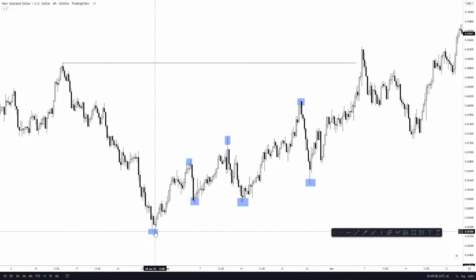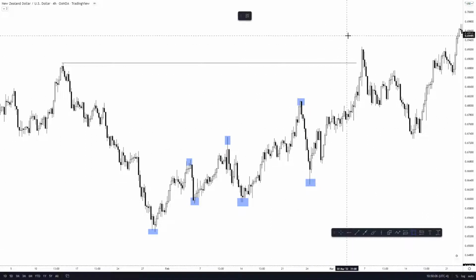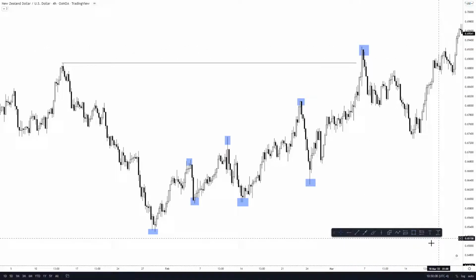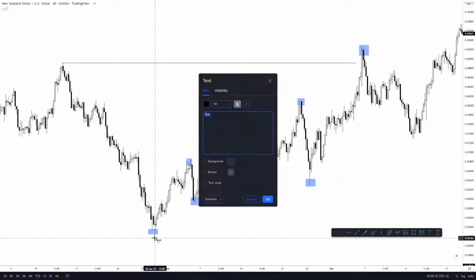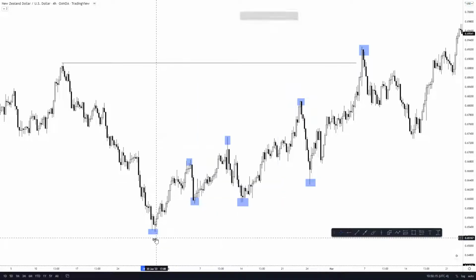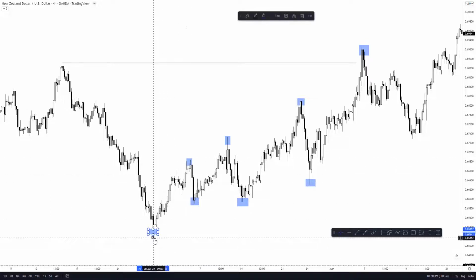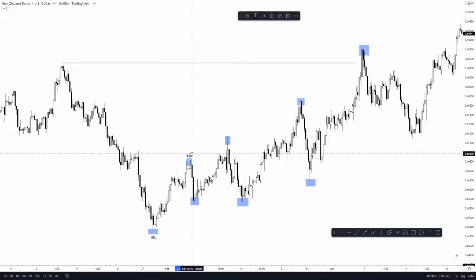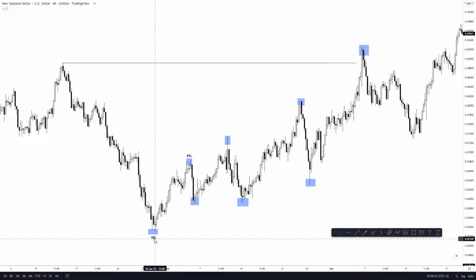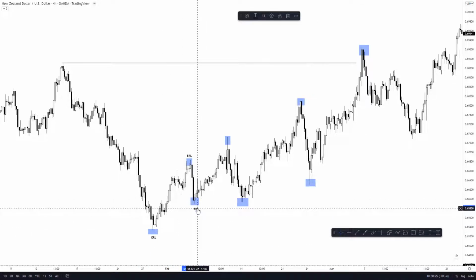So you see, from this to this to this, from here to here, I call that, this will be our external range liquidity.